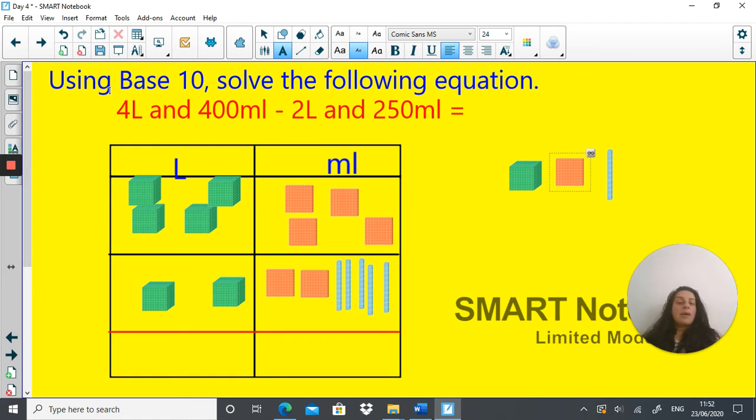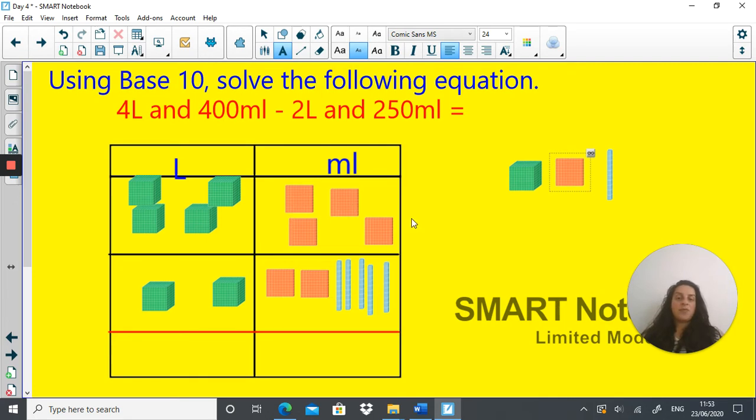Okay, so here we're using our Deans to solve this question. So 4 litres and 400 millilitres take away 2 litres and 250 millilitres, represented like this in our place value column method. As always, we start with this column first, okay?